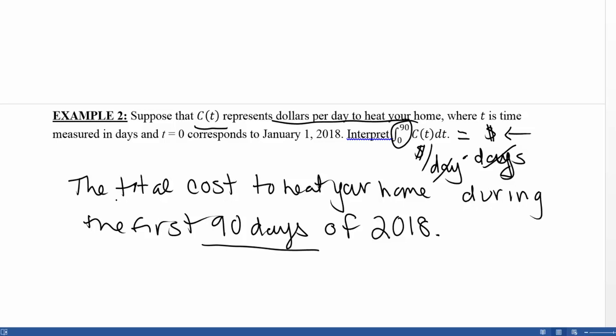So I'm calling that total cost, but you could say something like, the total amount of money you spend to heat your home. But what's important is that we're finding the units of the definite integral here, and we're also including the units of the independent variable. So that's our sentence, and let's try another.